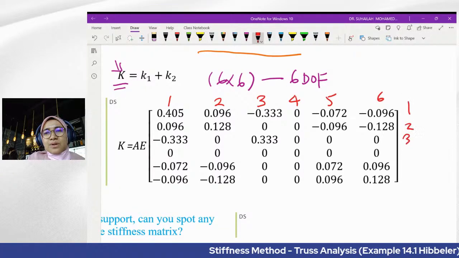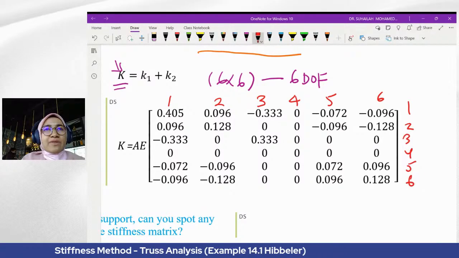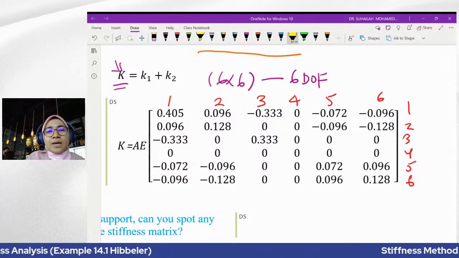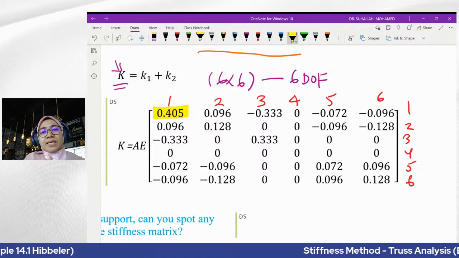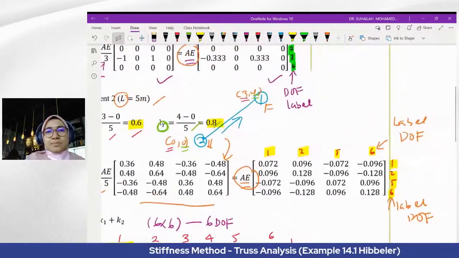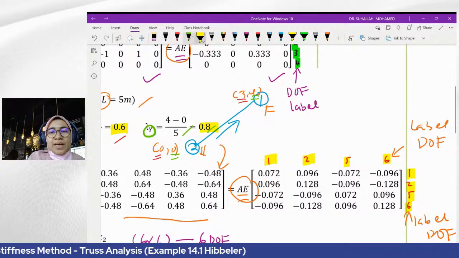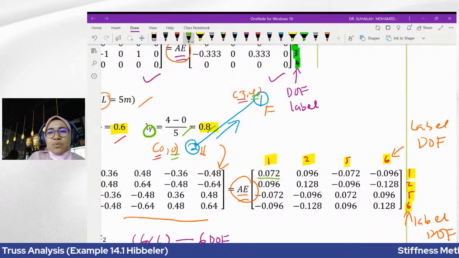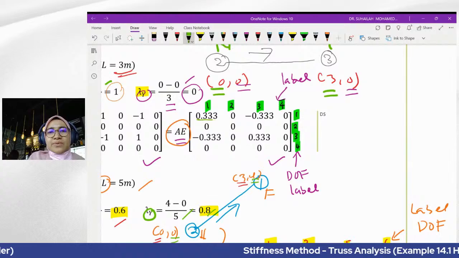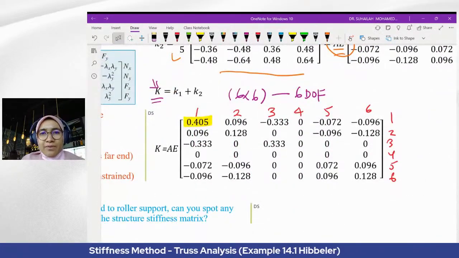At position 1, 1, we get 0.405. We get this from K1, 0.012, plus 0.333, so we get 0.405.